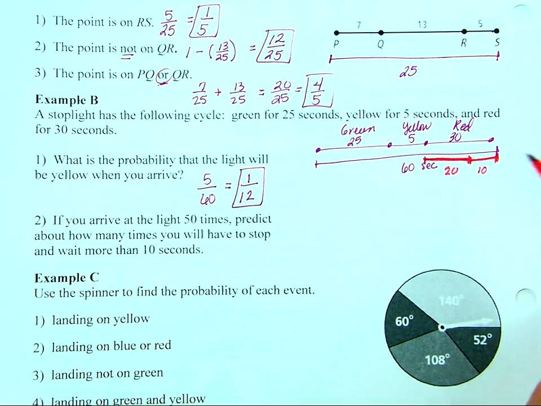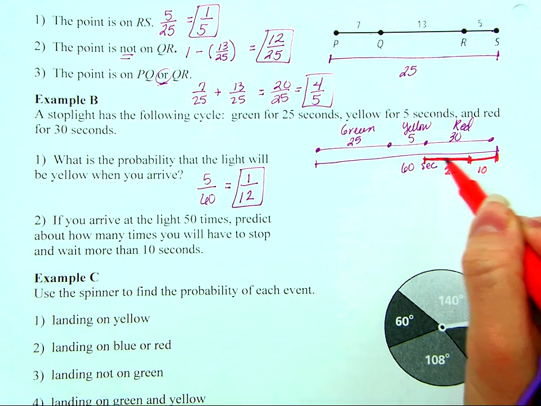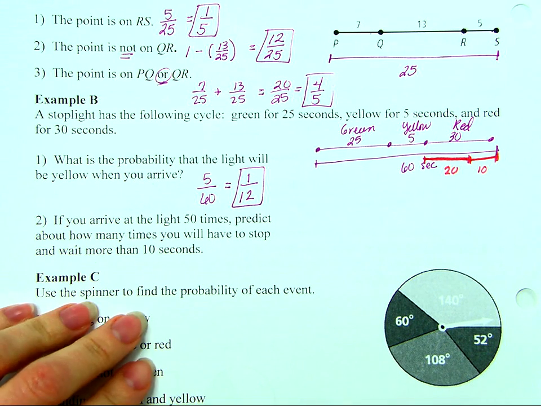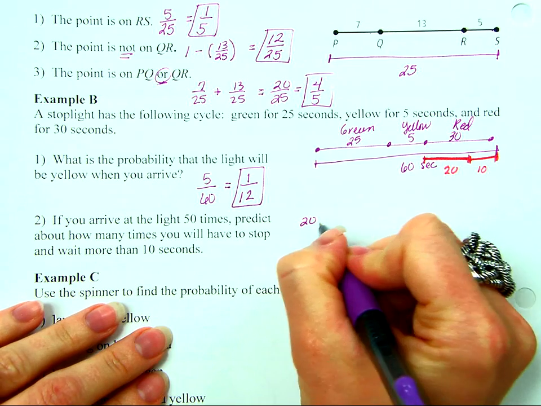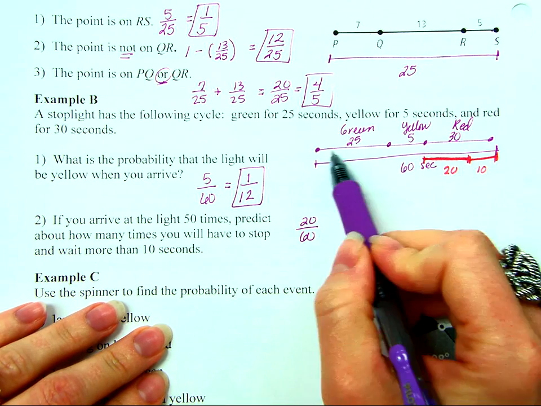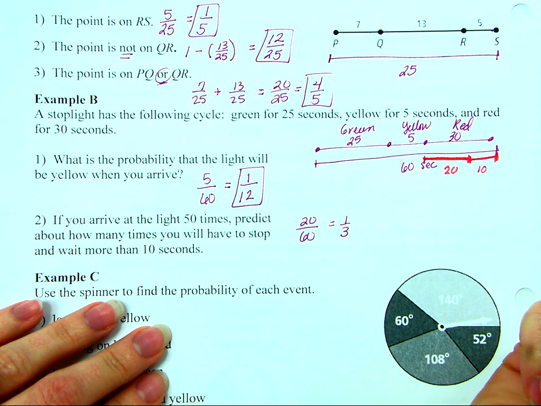And since they have to add to 30, that's going to be a 20-second time frame there. So in that 20-second time frame is when I have to wait more than my 10 seconds. Well, that 20 seconds out of the entire 60-second cycle is a probability of 1/3. So that's going to happen 1/3 of the time, actually kind of high.